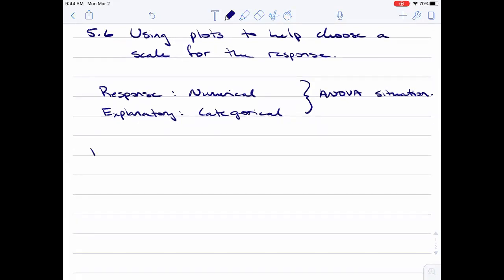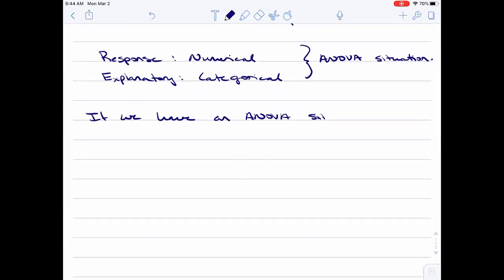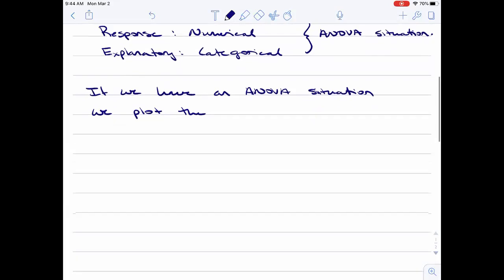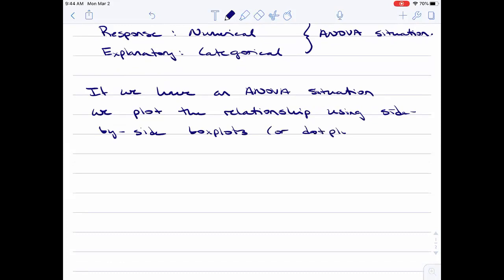So if we have an Anova situation, we plot the relationship using side-by-side box plots, or dot plots if you prefer, but for me, I prefer box plots.